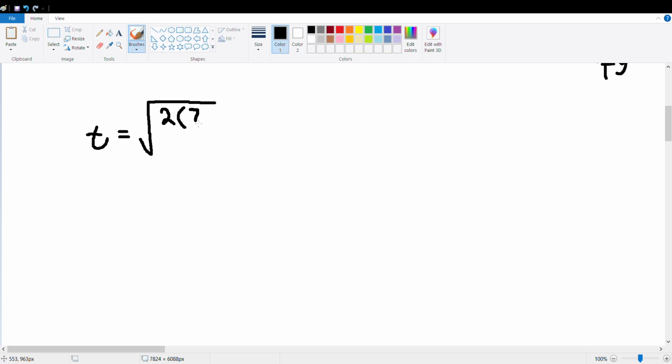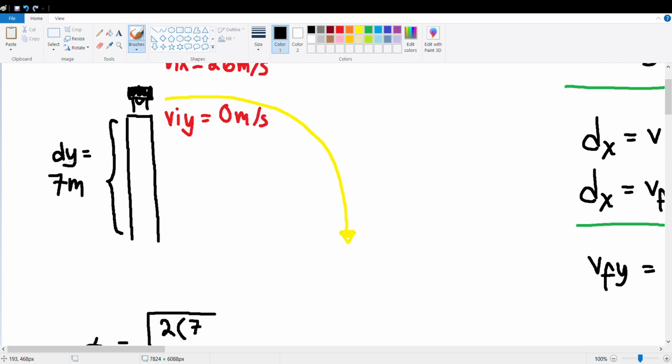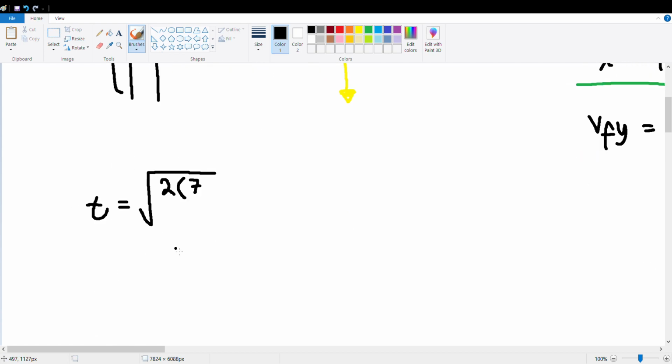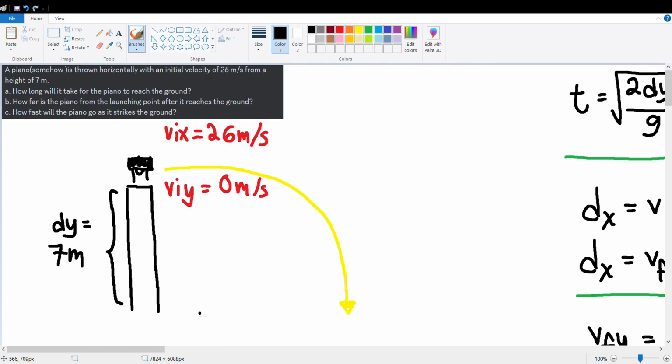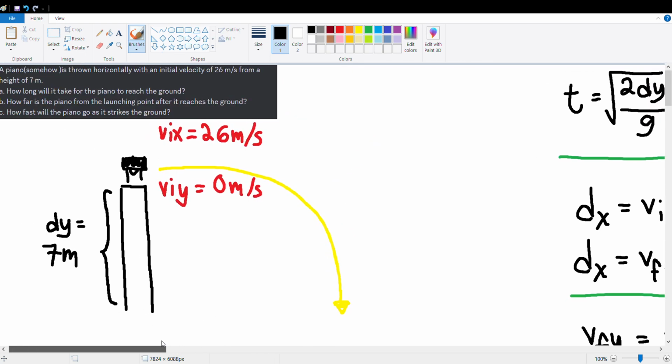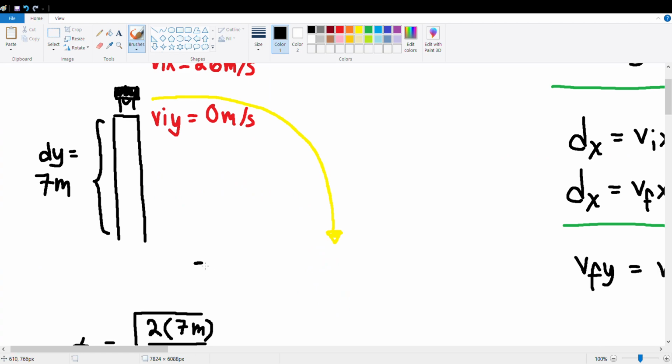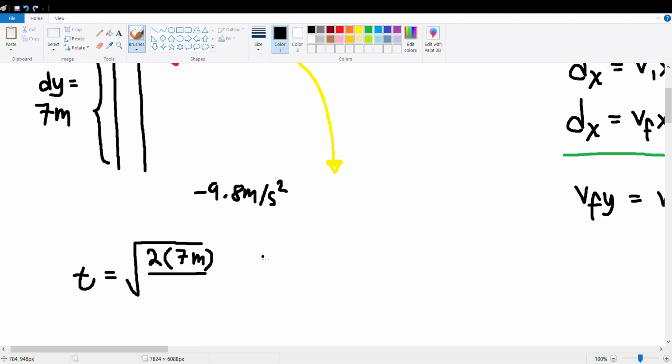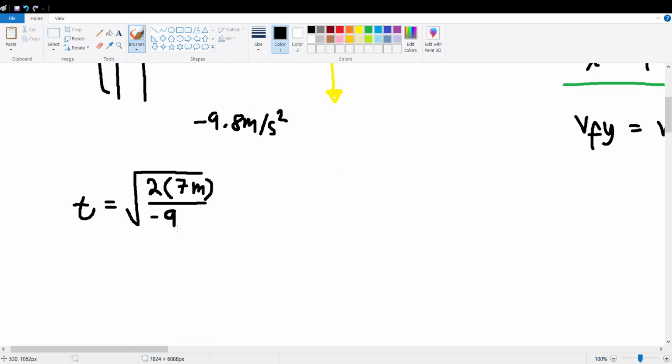2 times 7. dy is our distance on the y-axis, which is 7 meters, over g. And g stands for the gravity, which is always going to be 9.8 meters per second squared, unless you're somehow on another planet, but we're just going to be using that. So 9.8 meters per second squared.